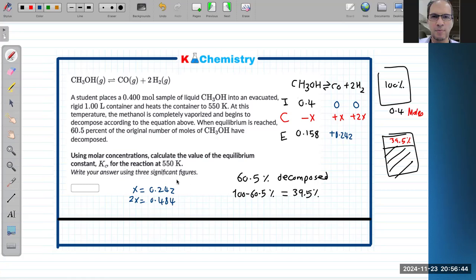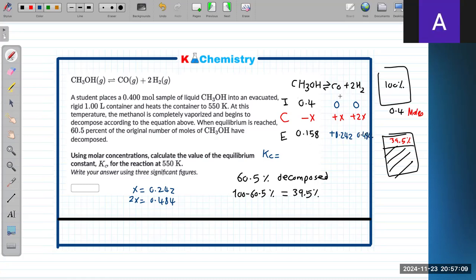How do I find the Kc finally? Multiply. Yeah, so tell me the equation for the Kc. This Kc is equal to what? Is it the products over the reactants or the reactants over the products? Products over reactants.